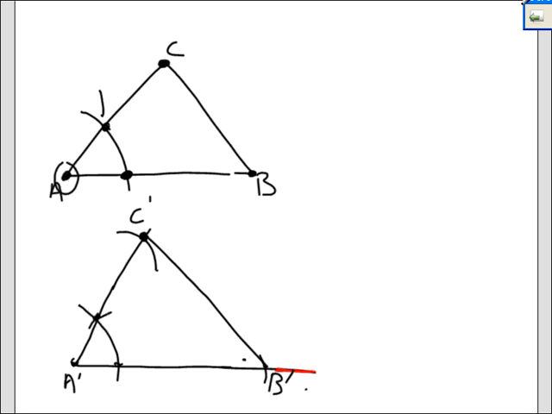Let's do it again. Suppose we want to copy triangle ABC. Now nobody said that you can't rotate the triangle.